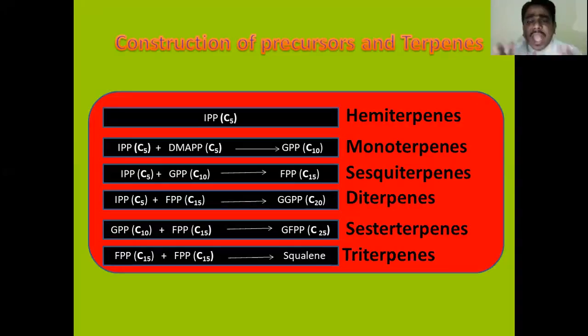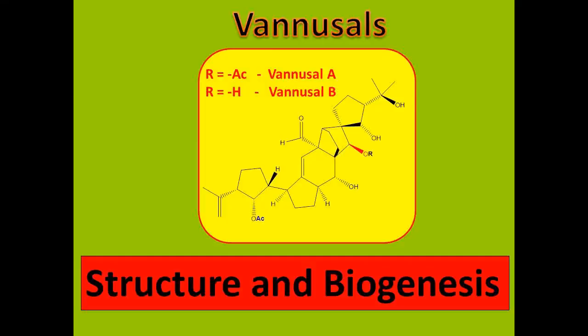So IPP and DMAPP are the smaller units for all terpenes, but they give rise to higher precursors, and these higher precursors are responsible for the formation of higher terpenes. This is the basic knowledge about the terpenes that we should know in order to understand the biogenesis and the structures of Vannusal A and B.